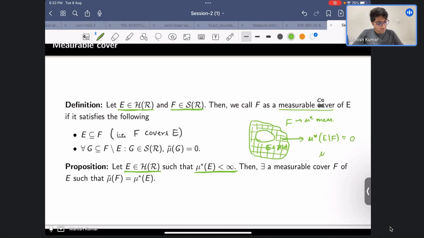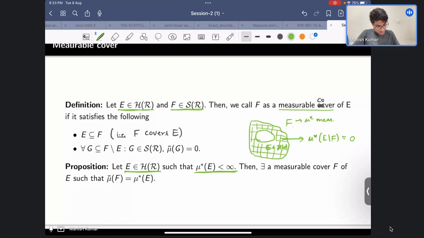Because if you remember, the mu bar is nothing but restricting mu star on something. So if it is measurable, mu bar is equal to mu star. So for a measurable set E, mu bar of E is equal to mu star of E, because it's the same thing.